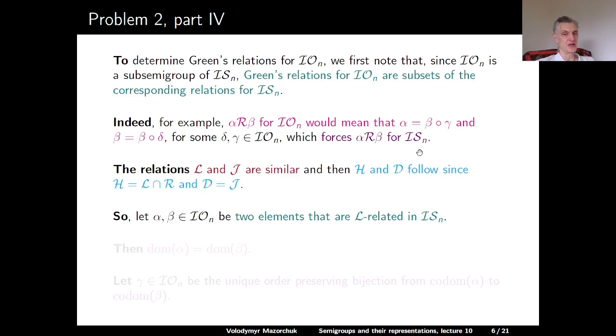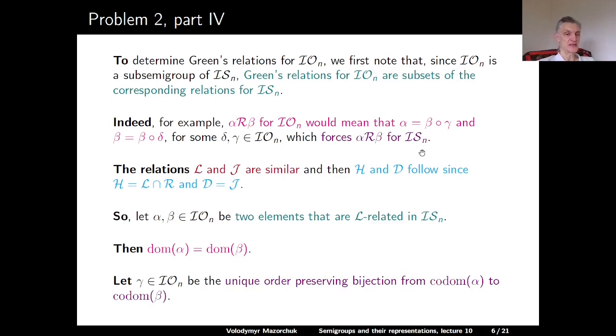So let alpha and beta be two elements in ION that are left related in ISN. So we will eventually prove that they are also left related in ION, and so the left relation for ION is just the restriction of the left relation for ISN. So since alpha and beta are left related in ISN, they have the same domain.